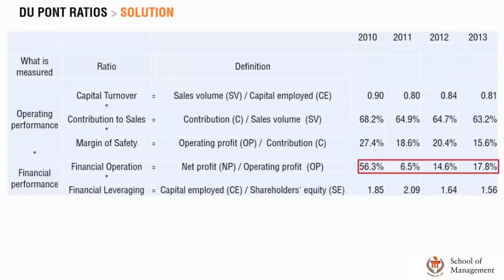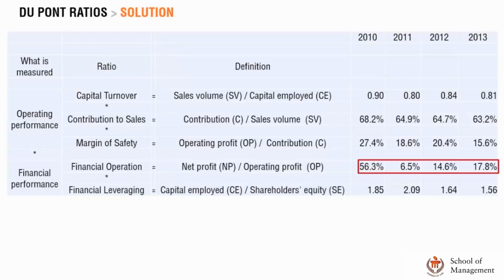This figure was 56.3% in 2010 and moved down to 17.8% by the end of the 3rd year, that is 2013. Actually, the figure crashed to as low as 6.5% in 2011 and then has marginally improved in the next 2 years. Big hit in 2011 because of high interest costs. There was a lot of borrowing in the year 2011, which has impacted the company's financial performance.